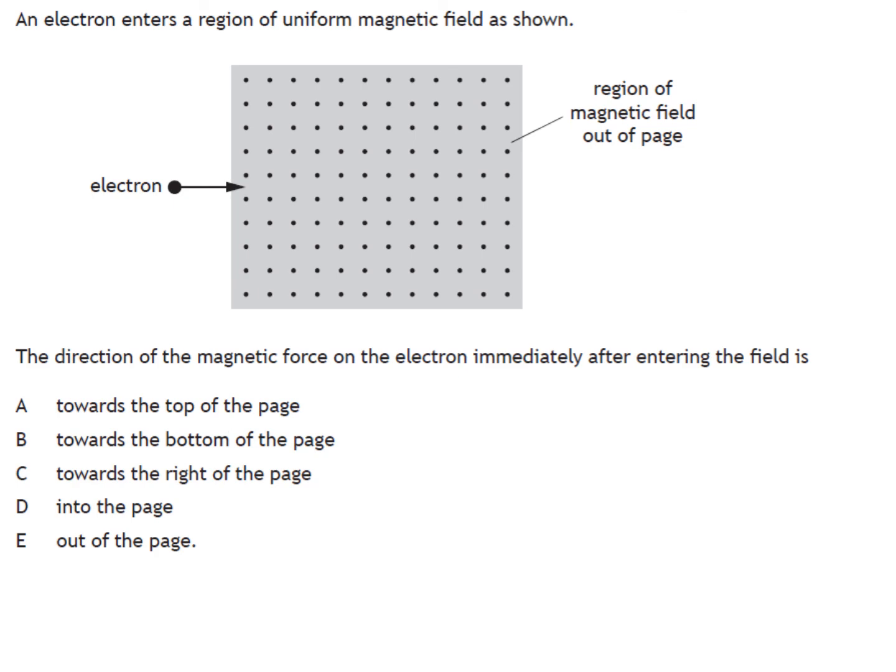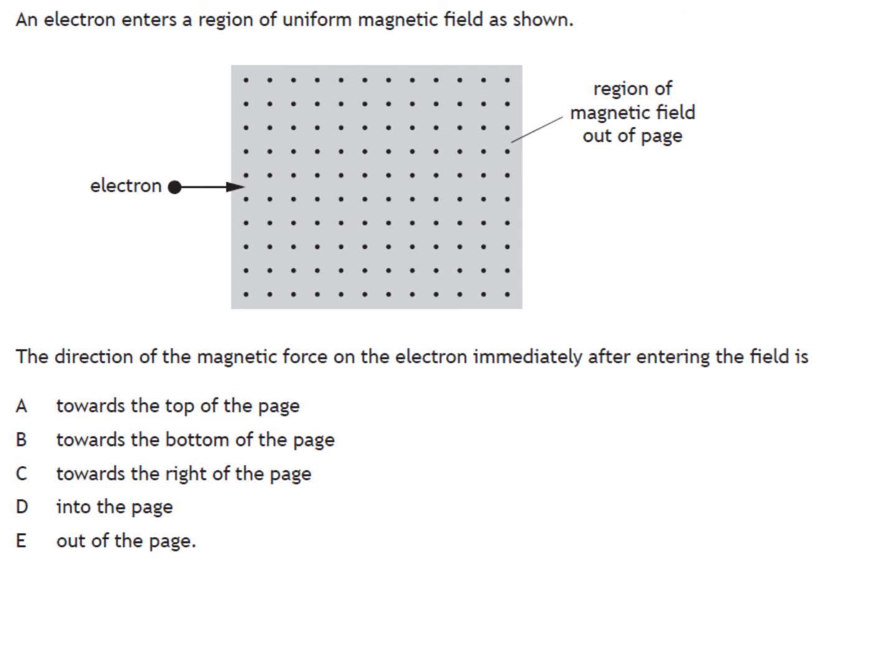Finally, for our last example, let's look at a past paper question. It says, an electron enters a region of uniform magnetic field as shown, and they also very kindly tell you the magnetic field is going out of the page. So straight away, if we use our Fleming's right-hand rule, we know that our index finger is pointing out of the page.